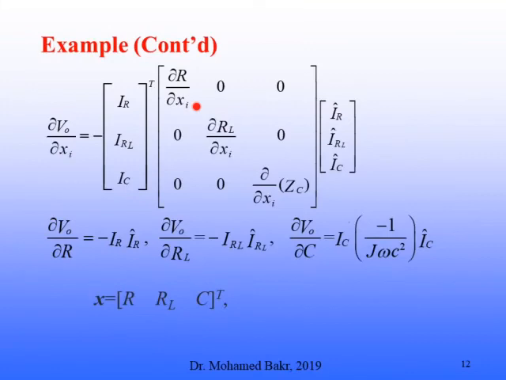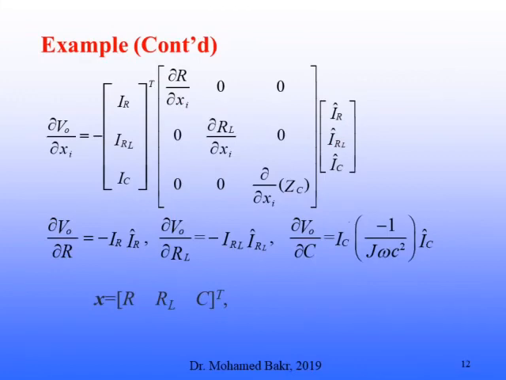If I want Xi to be RL, then this term will be 1. And because R and ZC are independent of RL, these two will be 0 and 0. So the result that will come out of this row matrix vector column multiplication will be minus IRL multiplying 1 multiplying IRL hat.